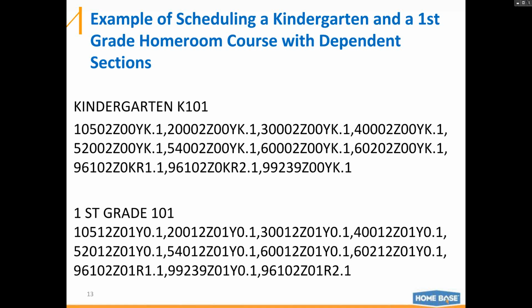It's Mrs. Jones's homeroom. And under the dependent section field, I have linked all of the subjects that she's going to be teaching. So this is an example. This is just play stuff, but the 1050 and the 2000, 3000, all of those are different subjects, ELA, science, social studies, and other items that they will be teaching.